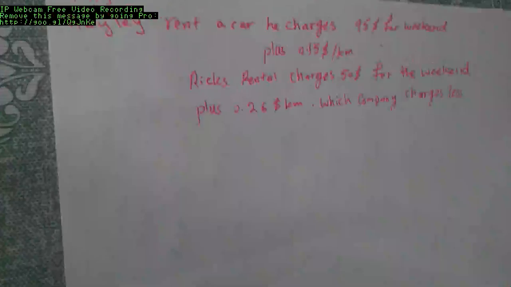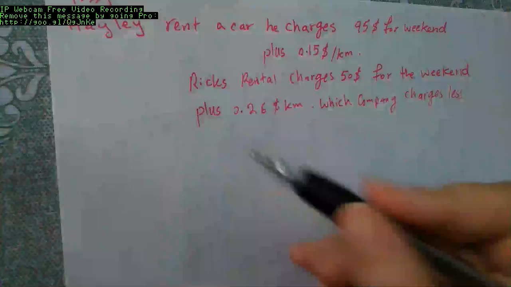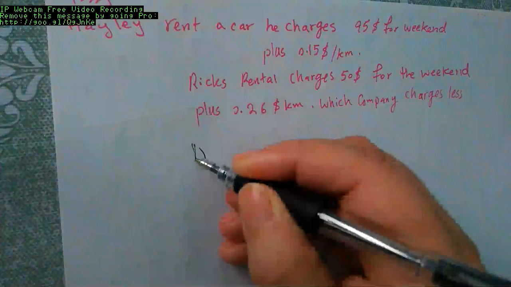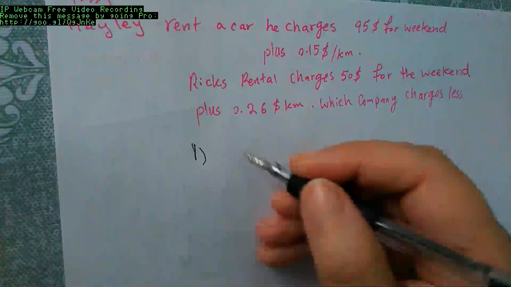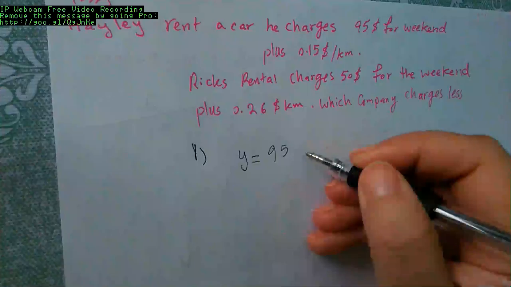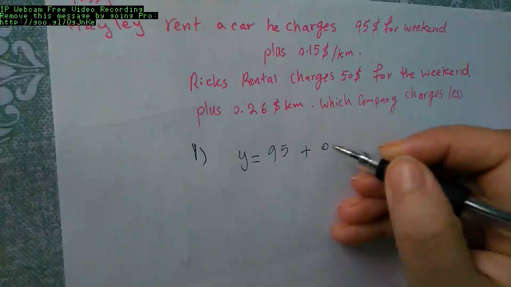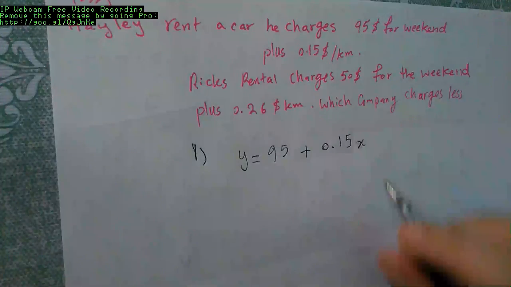For the first rental, let's say y represents the amount of money you have to pay. So $95 is fixed plus 0.15x, where x is the number of kilometers you go.